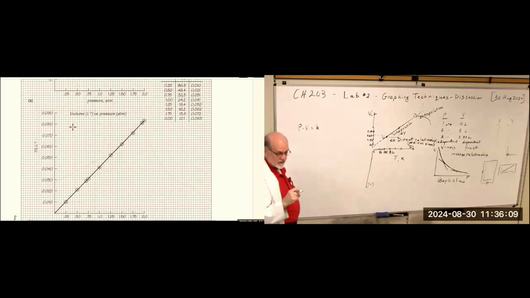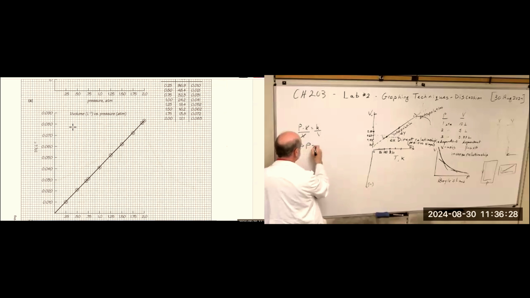Mathematically speaking, if I divide both sides of the equation by the same unit, I haven't changed it, right? That's allowable. If I divide both sides by volume, that's good. This one cancels, right? V cancels V. And this one, now we've got V equals K over V. Well, I want to factor that out.